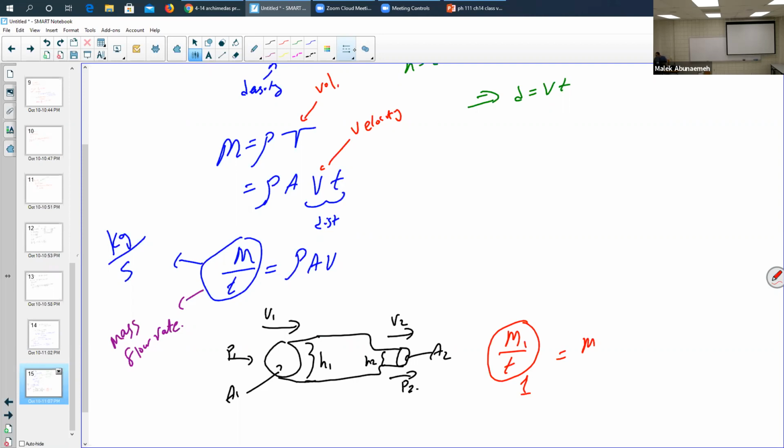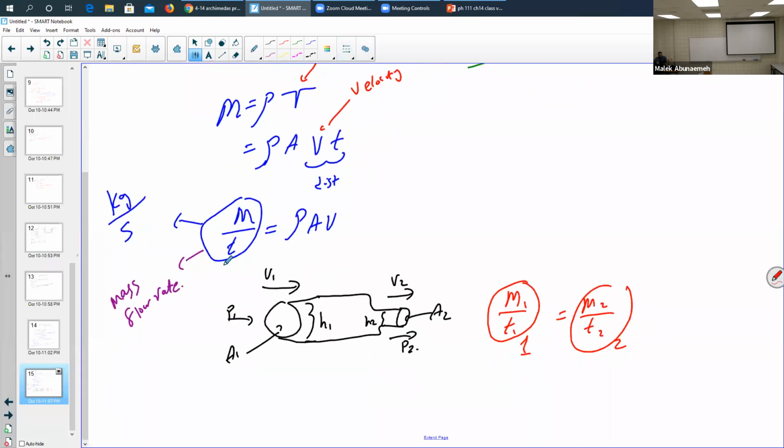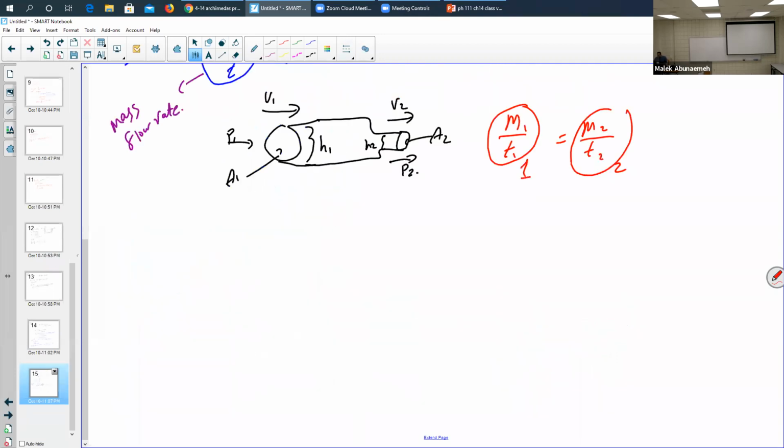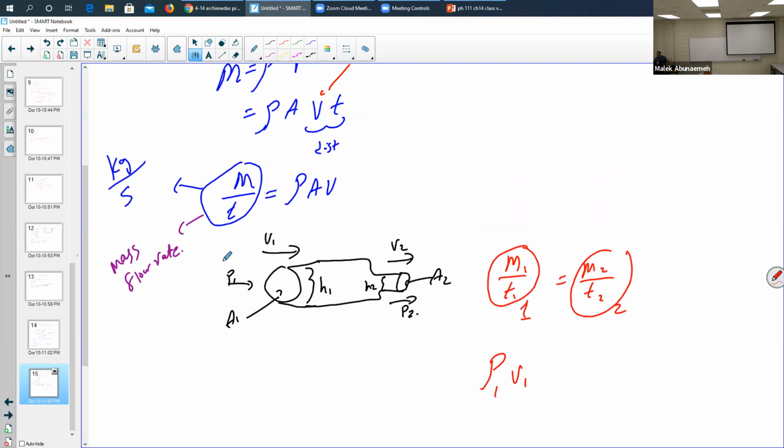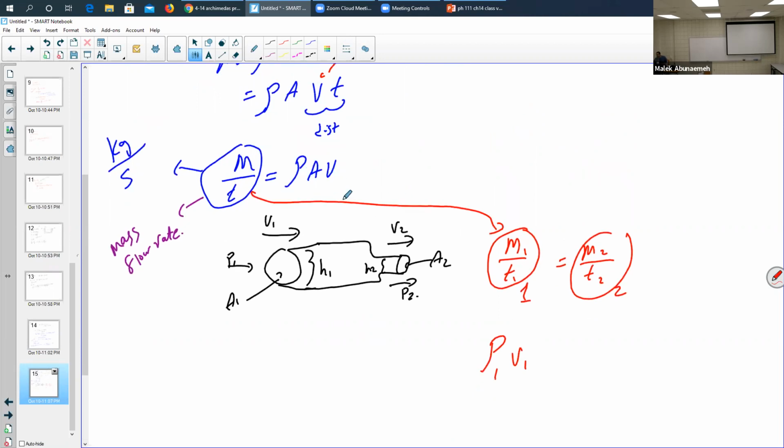That's for number 2. That means your rho 1 V1, and again, your M over T is going to equal rho AV.